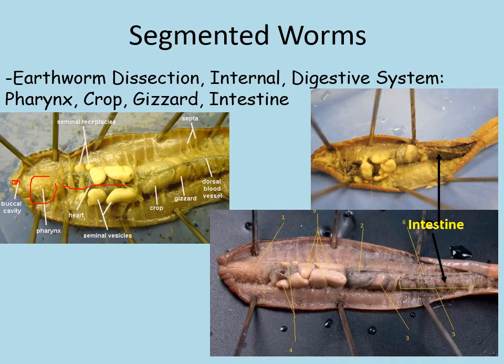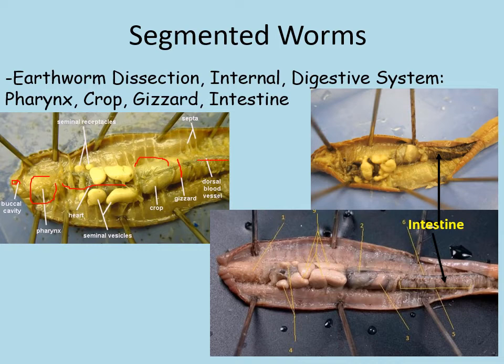But after the esophagus, food goes into the crop. The crop stores the food, kind of like a sack. And then after it's been stored for a while, the food gets passed to the gizzard, which is right next to it. And the gizzard is a muscular organ. It's a muscular stomach that churns the food to help break it down. And then after the gizzard, we have the intestine.